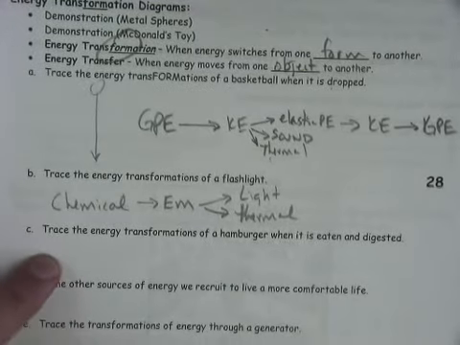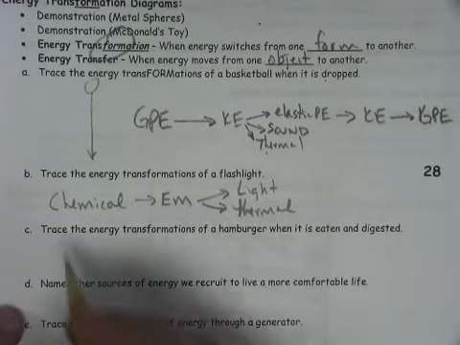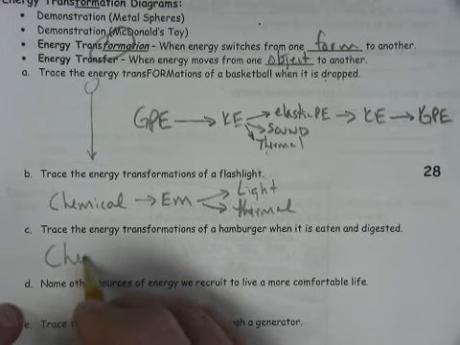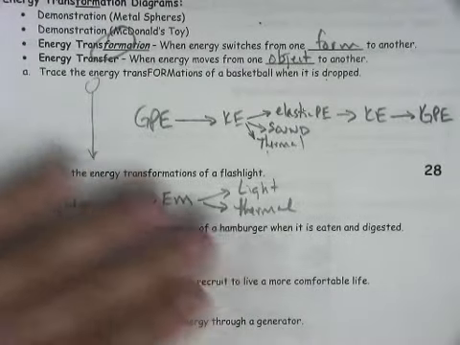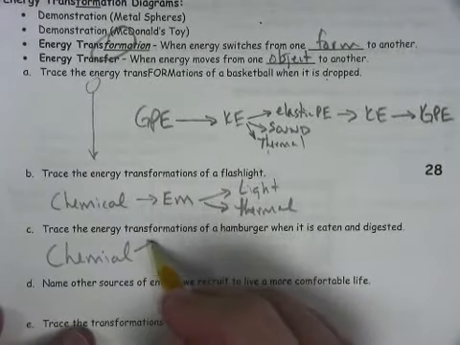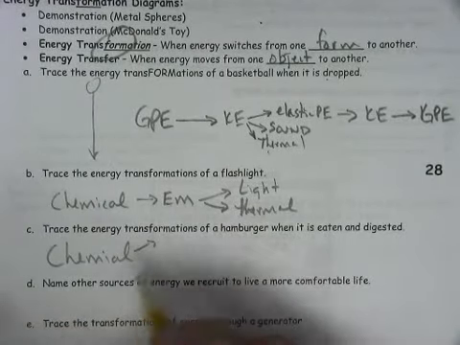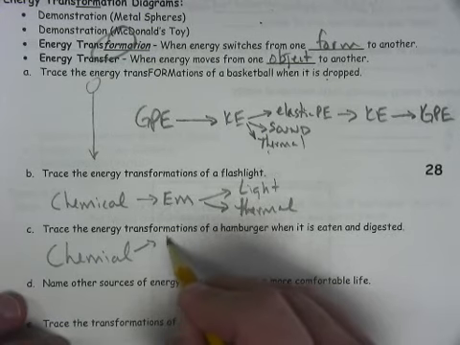Trace the energy transformations of a hamburger. Well, a hamburger, and I'm getting hungry right now, is chemical energy. You eat that hamburger, it goes inside your stomach, digests, and then it transforms into energy you need to operate your body. The fact that I'm moving my hand right now comes from the chemical energy of that hamburger. That would be kinetic energy.